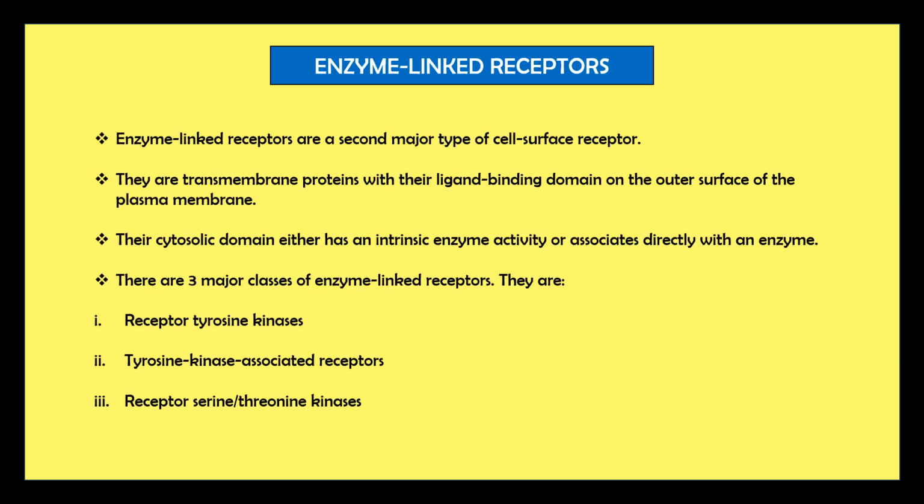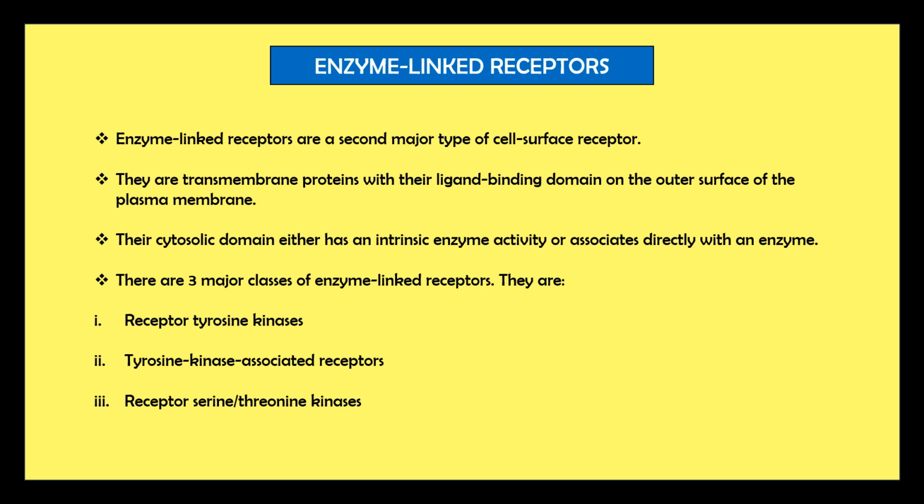Next one is enzyme linked receptors. These enzyme linked receptors are the second major type of cell surface receptor after G protein coupled receptors. These are also transmembrane proteins with their ligand binding domain on the outer surface of the plasma membrane.